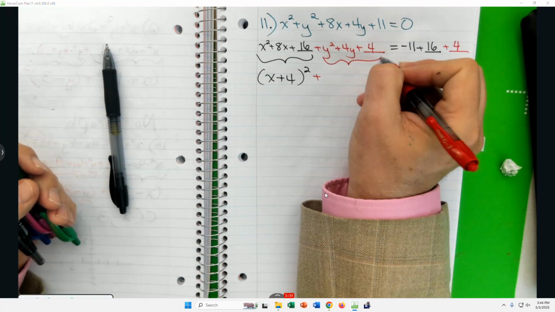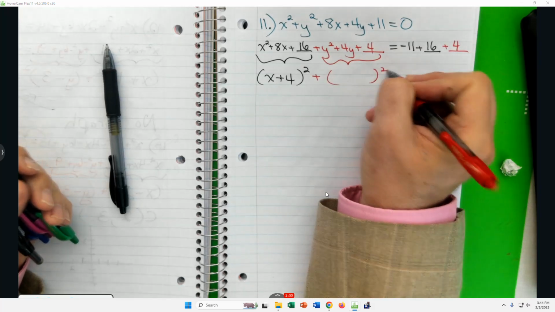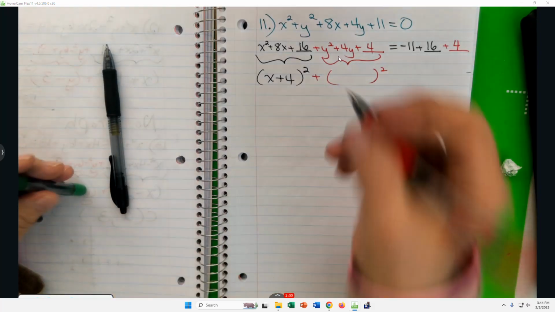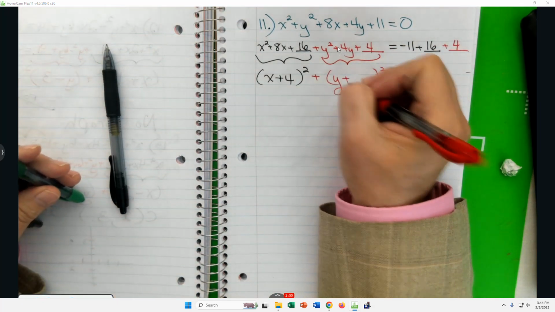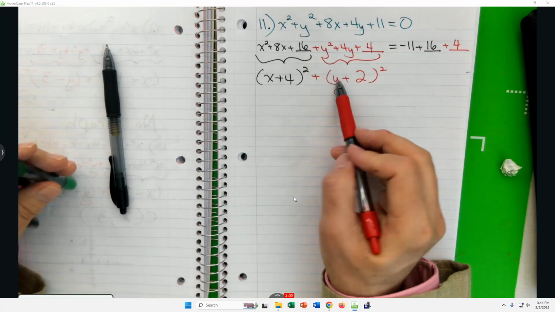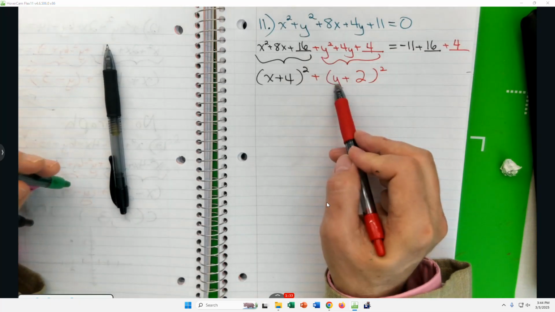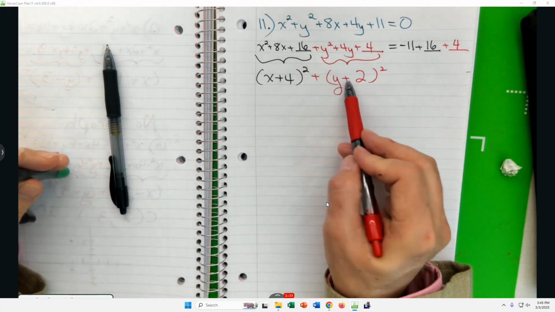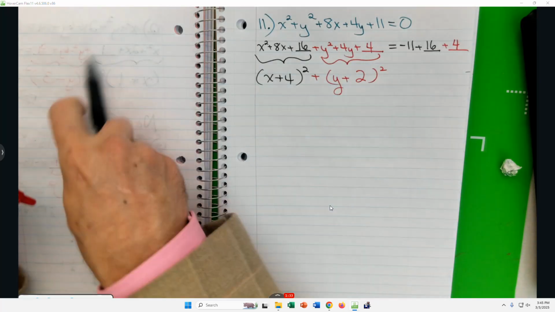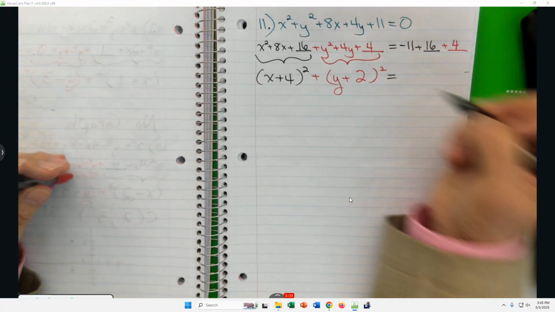Now let's factor the y terms. Y plus 2. I agree. Whatever that first letter is, whatever that first sign is, half of 4 is 2. What have we got on the right-hand side?